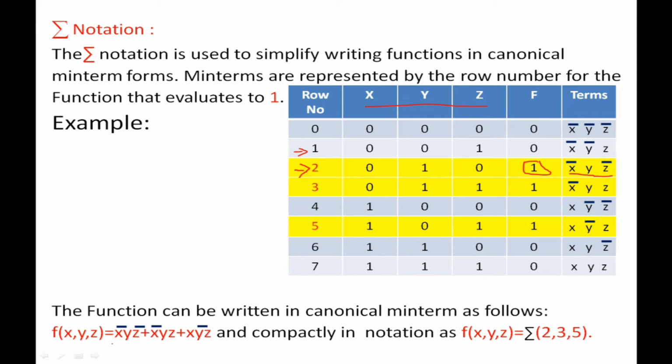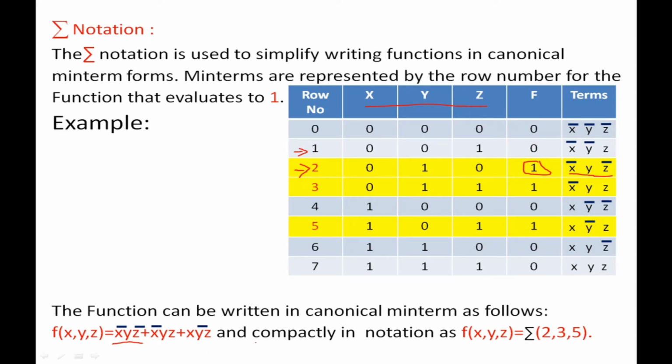Here you can see at the bottom, x bar, y, z bar is going to be a part of the function. Similarly, we have row number 3 and row number 5, where the function is evaluating to 1, and their variable terms are also part of the Boolean function expression.